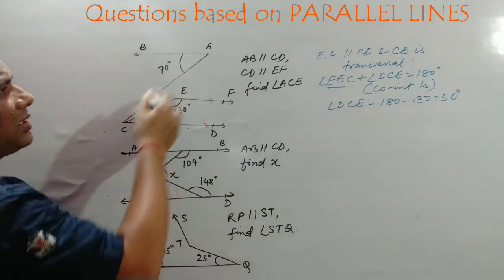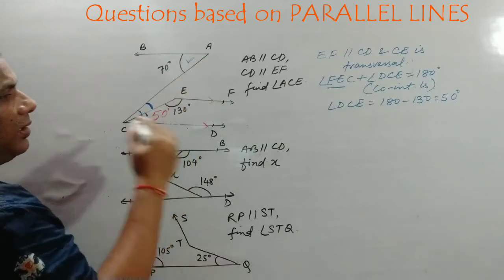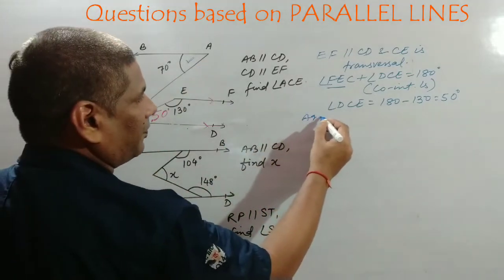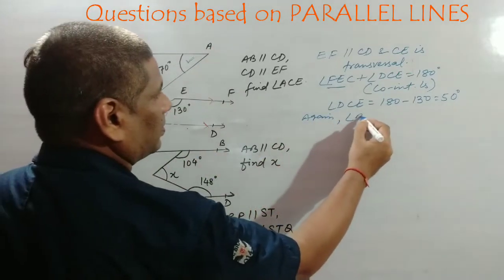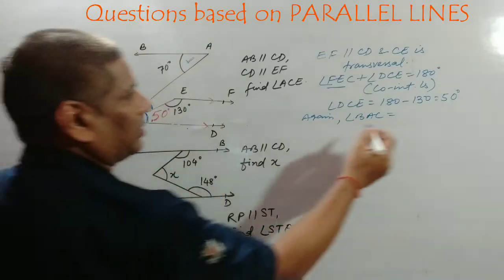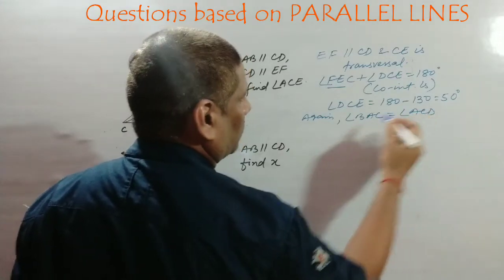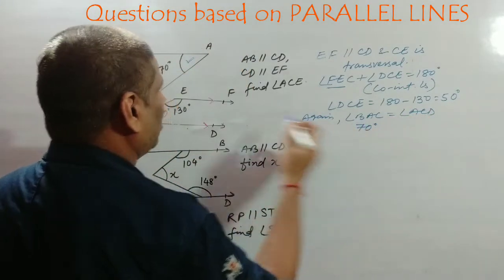This is a transversal, so this is equal to this complete angle. Again angle BAC is equal to angle ACD. It is 70 degrees. How are these equal?